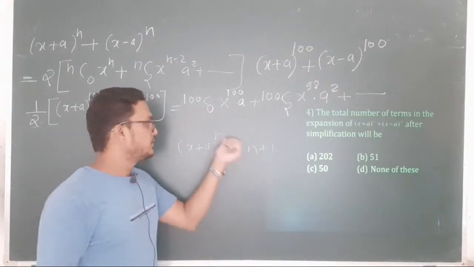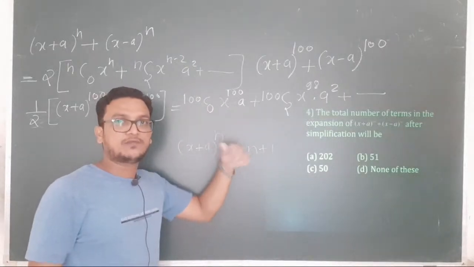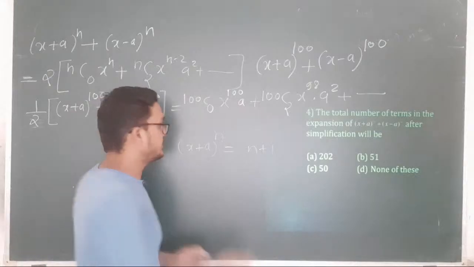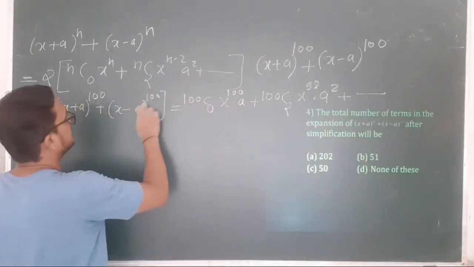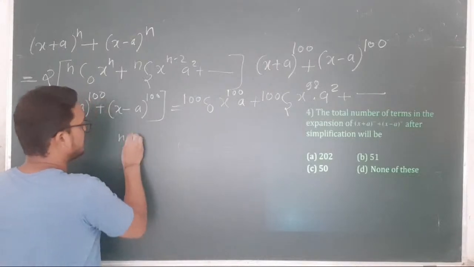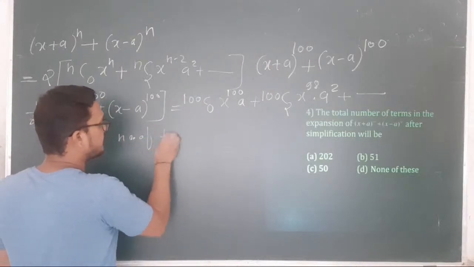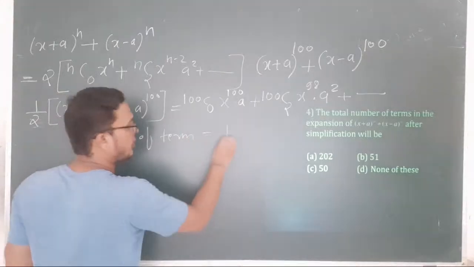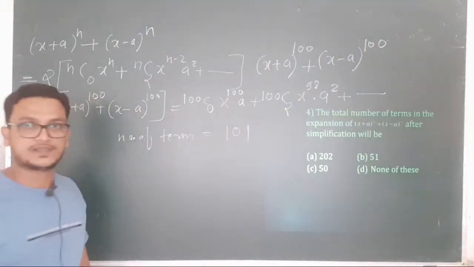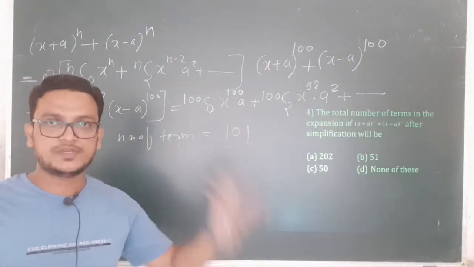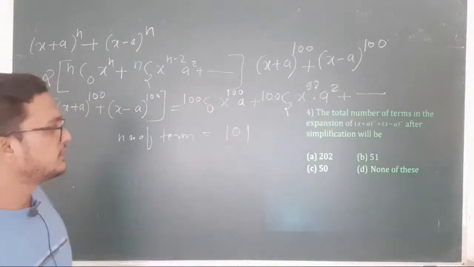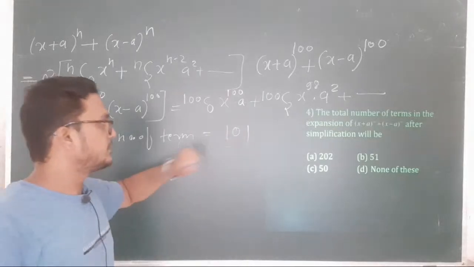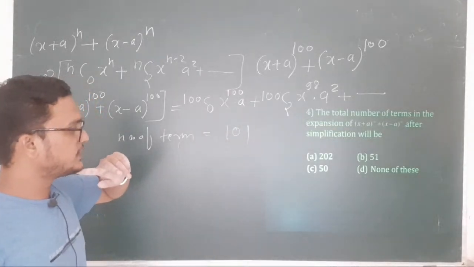Whatever the power is, one more extra term you will always get. Here the power is 100, so the number of terms will be 101. Then which option is going to be correct?